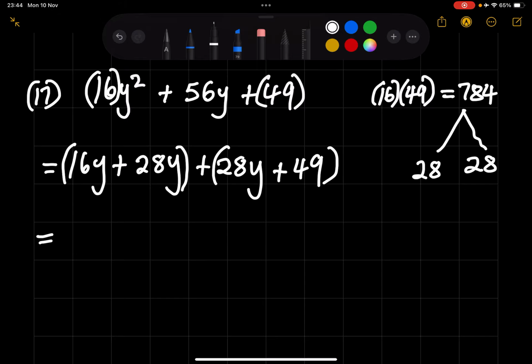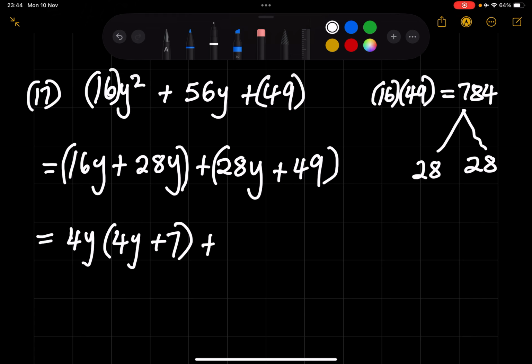Then now, in the first bracket, the highest common factor is 4y. Oh, sorry, this is squared, and I forgot to put a square there. So we're basically going to be left with 4y there. Then plus 7. Because 28 divided by 4 is 7, y and y will cancel.